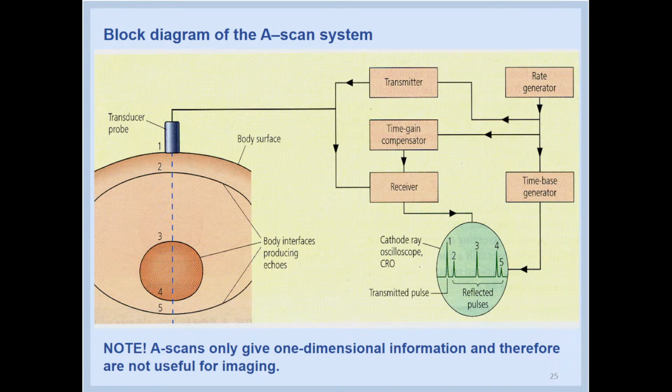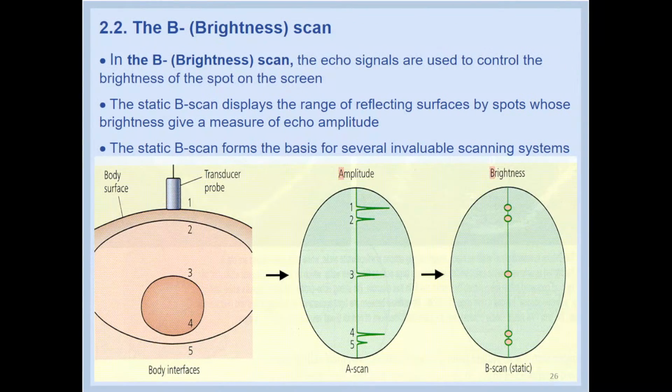1, 2, 3, 4, 5 body surfaces. And let me point out that an A scan only gives one-dimensional information and therefore is not useful for imaging. For this, the B or brightness scan was developed.